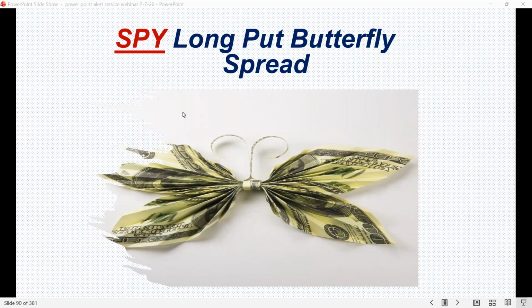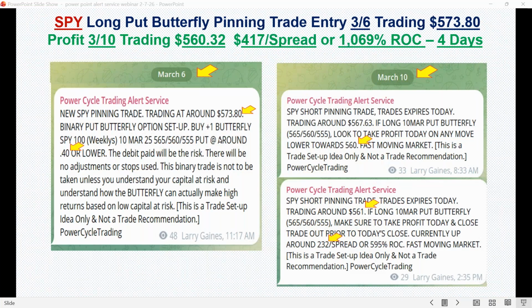Here's just one more example, SPY. This was on a put butterfly pinning trade. Again, very cheap, low cost trade. And so sent this out to members as a pinning trade. And then you can see here it says new SPY pinning trade at 573.80, binary put butterfly. So I said buy the butterfly here, the 565, 560, 555, so $5 wide spread.